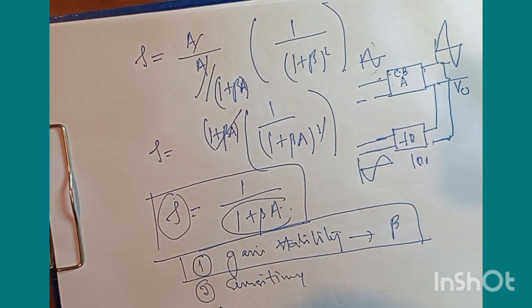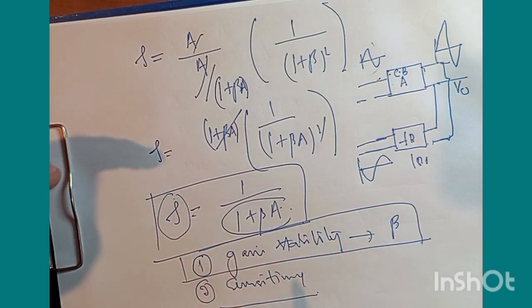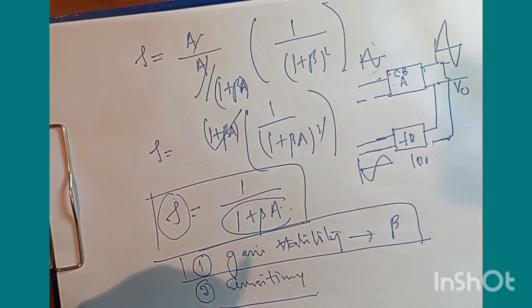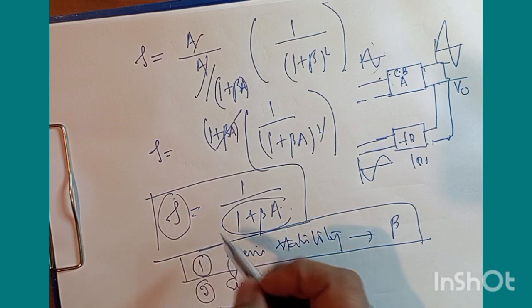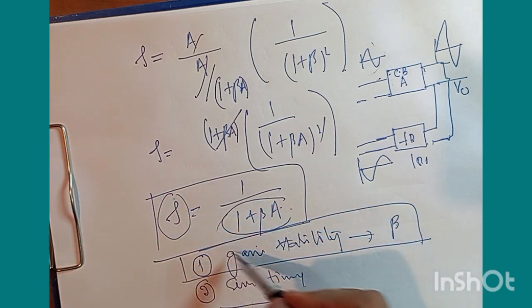And the next important thing was sensitivity. In case of sensitivity, we have seen that the sensitivity of this amplifier decreases because it comes out to be equal to the reciprocal of some good number.